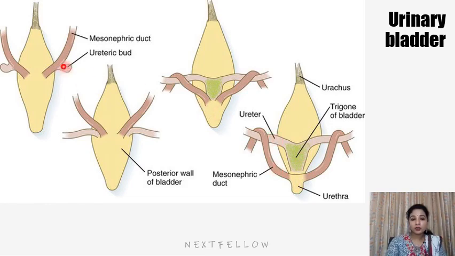Initially there is a common mesonephric duct, and then the ureteric duct and the mesonephric duct start getting separated. The mesonephric duct opens caudally, where it forms this tube. This is the vas deferens in males, and this absorbed part forms the internal trigone of the urinary bladder.